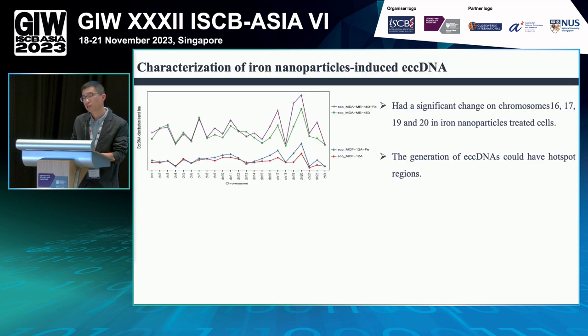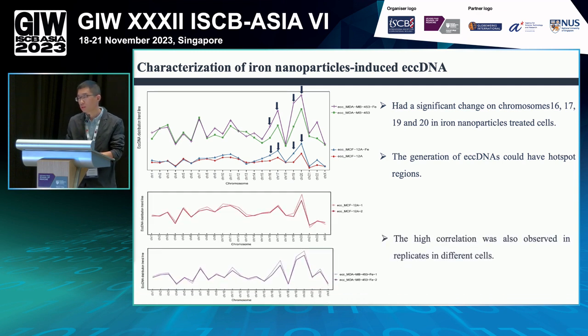We analyzed the chromosome and genomic elements distribution of eccDNA and found eccDNA had a significant change on chromosomes 16, 17, 19, and 20 in IO nanoparticle treated cells, which infers that the generation of eccDNA should have some hotspot regions. This phenomenon was also observed in replicates in different cells.